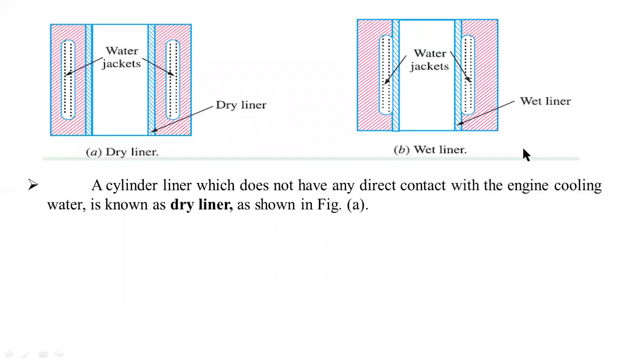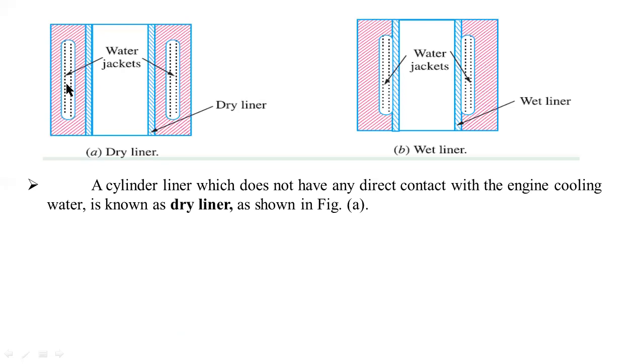Now I will explain the definition of the dry liner and wet liner. A cylinder liner which doesn't have any direct contact with the engine cooling water is known as a dry liner. Here you can observe a cross-sectional view of a cylinder and cylinder liner. This is the assembled view of a cylinder and a cylinder liner with the water jackets.